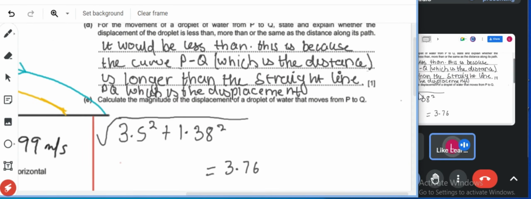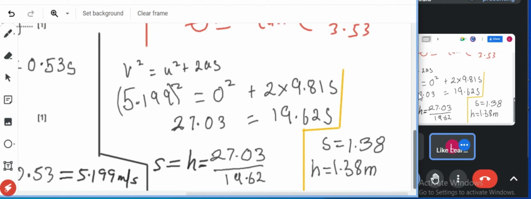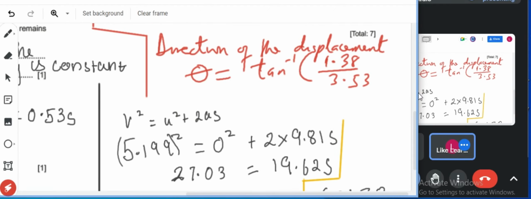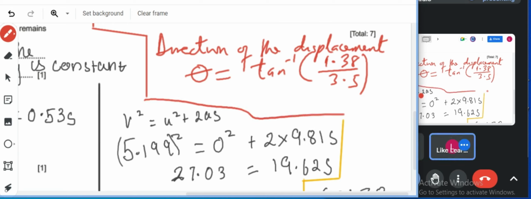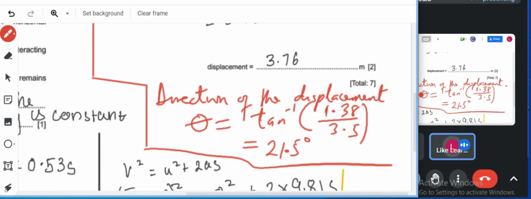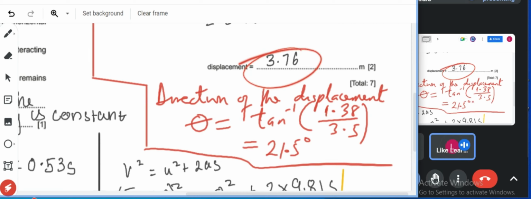So what does that give? 21.5 degrees. Assuming the question required you to find both the magnitude and the direction.